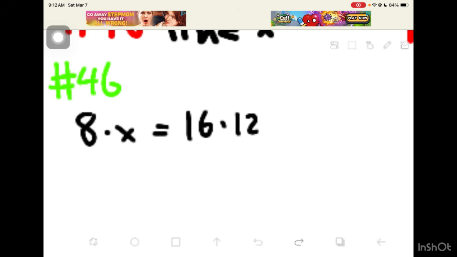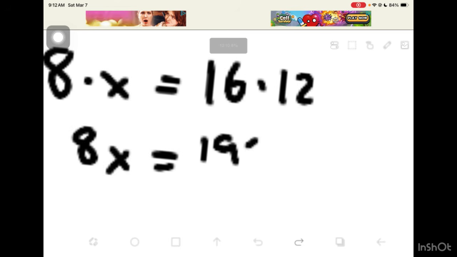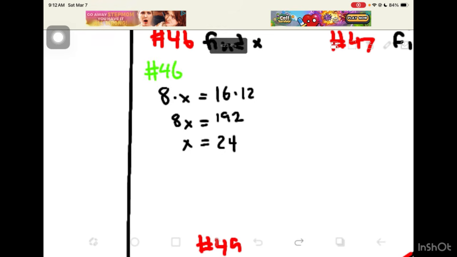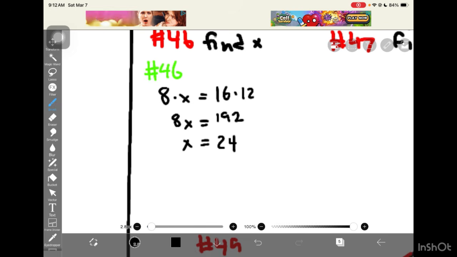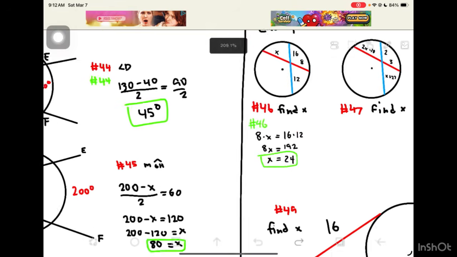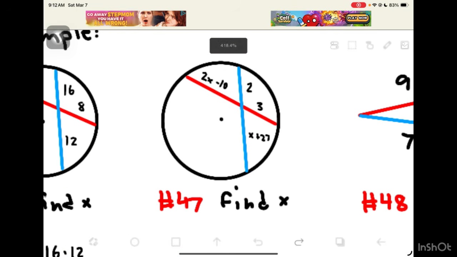Let's get out our calculators. 8x is equal to 192, and x should be equal to 20. Is that 24? Let me check. Yeah, 24. And that's our answer for 46.